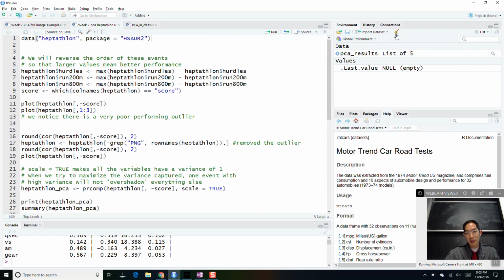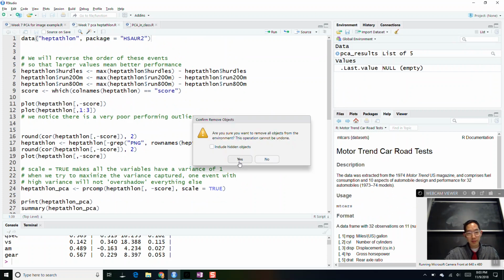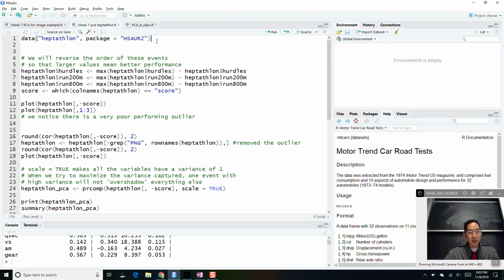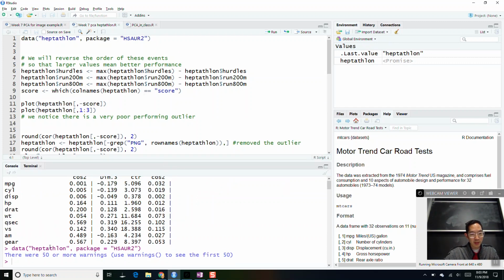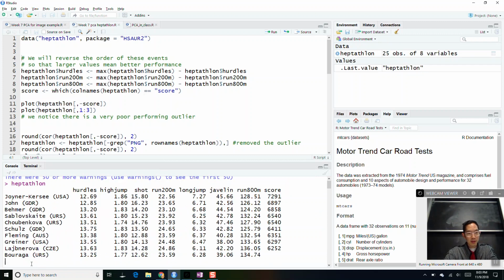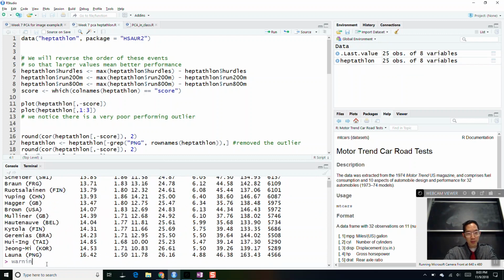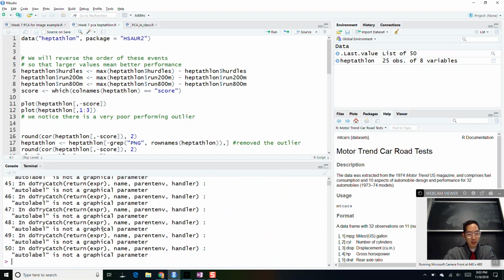Okay, there were 50 warnings. Oh, it was not a graph. Okay, that's fine.